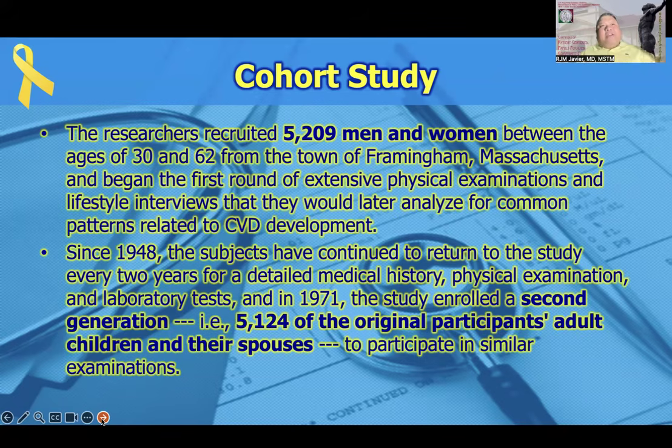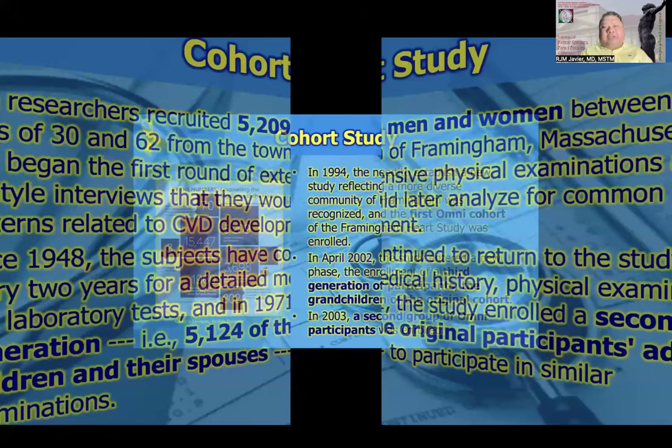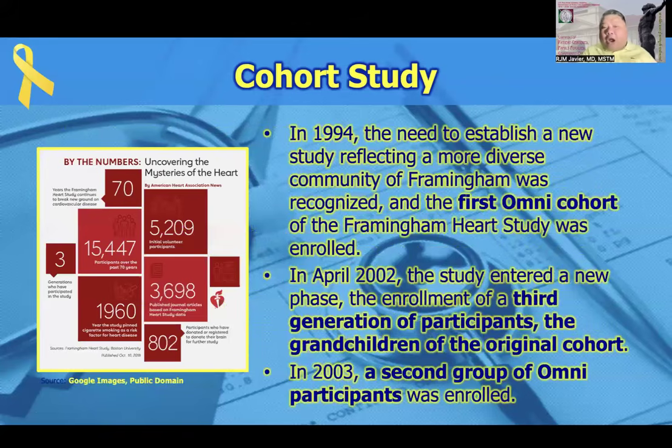To the point that even their filial generations were also included in the study because the period of observation continued until this day. So in 1994, the first Omni cohort was enrolled, and then in 2002, the third generation or the grandchildren of the original cohort was included. Then in 2003, the second group of Omni participants was also enrolled.